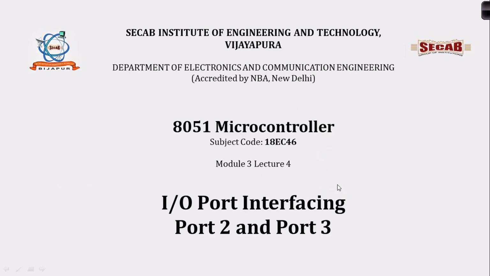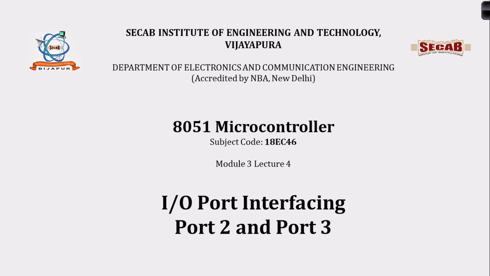So this is all about port 0 and port 1 which are available in the 8051 microcontroller. What we have discussed is how port 0 is used as an input port and output port, how port 0 can be used for external memory and how we can interface it to external memory, and why the pull-up resistors are connected to port 0.